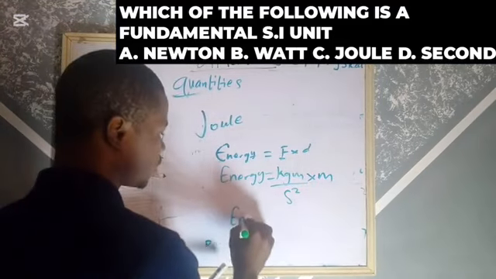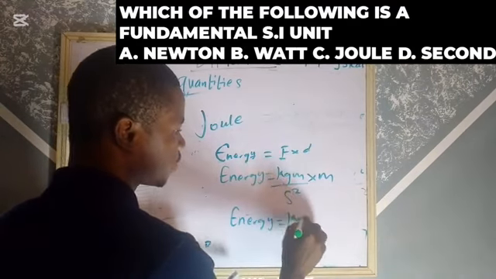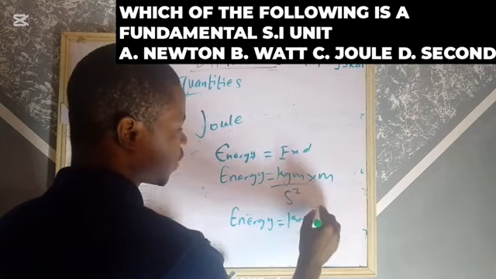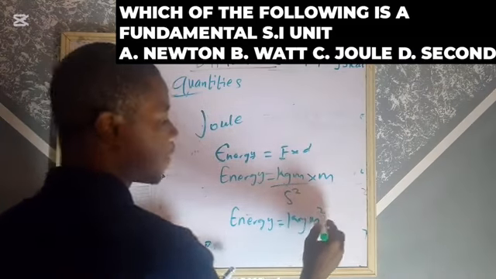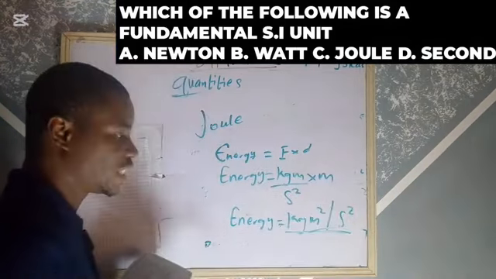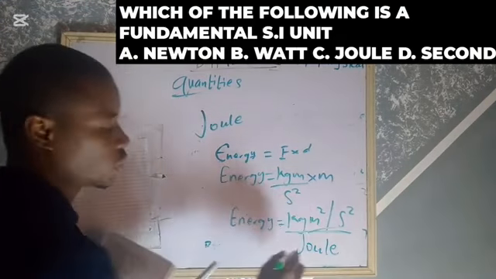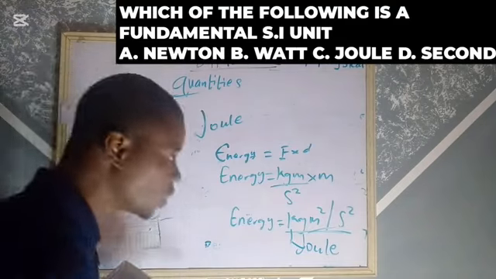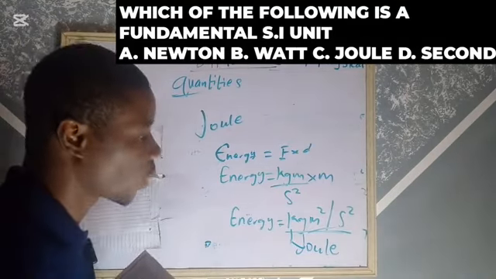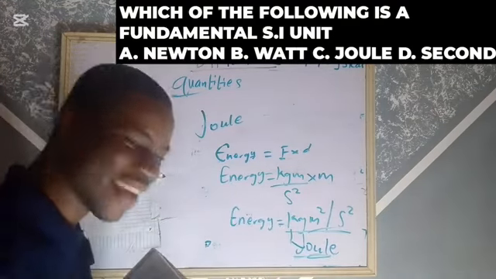If you combine all of these, kilogram, m times m will give you m square. That is kilogram meter square per second square. This is the unit of energy, which is also known as joule. So 1 joule is equivalent to 1 kilogram meter square per second square.